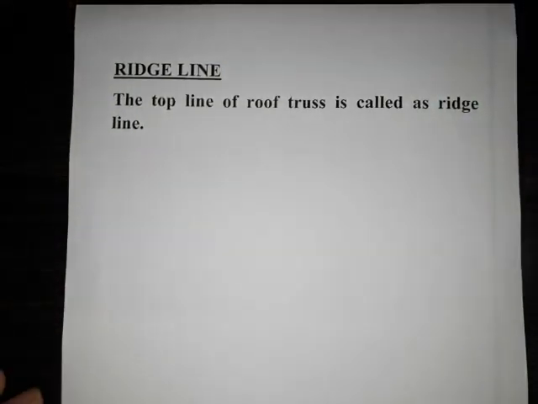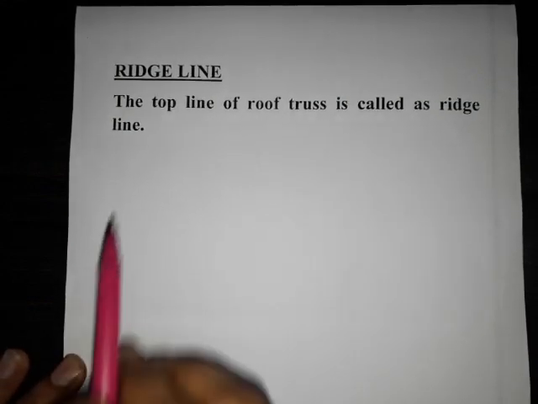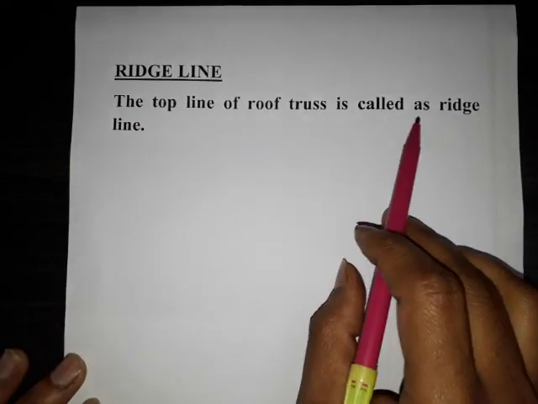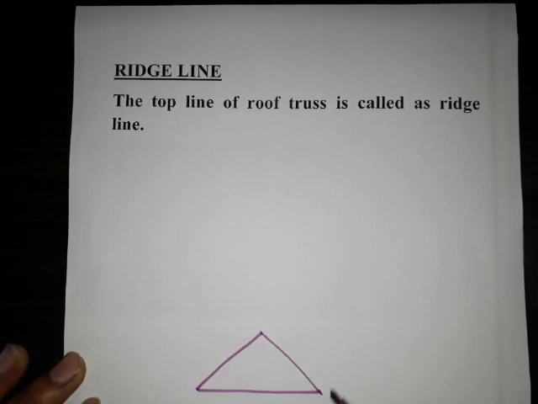And the next component is the ridge line. So ridge line is nothing but what? The top line of the roof truss is called a ridge line. Suppose if I want to show you here, we have the truss here.